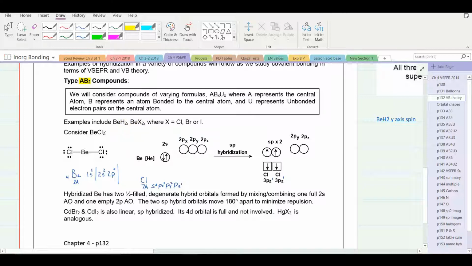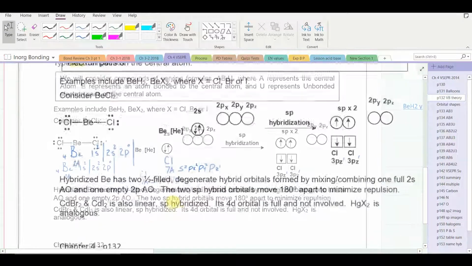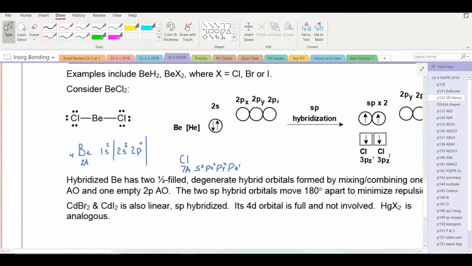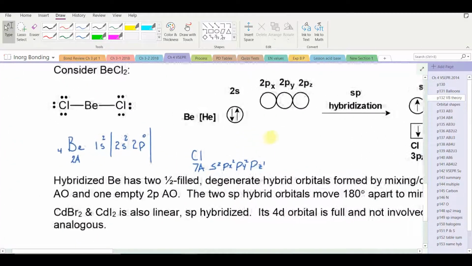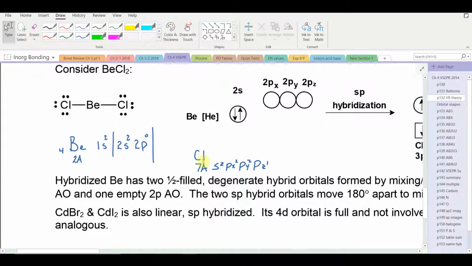Start by writing the electron configuration of the elements involved that are going to bond. Chlorine, like all halogens in group 7A, has the electron configuration 2s2, 2px2, 2py2, 2pz1. They have a half-filled pz orbital that's readily available to form a single bond with any other atom.